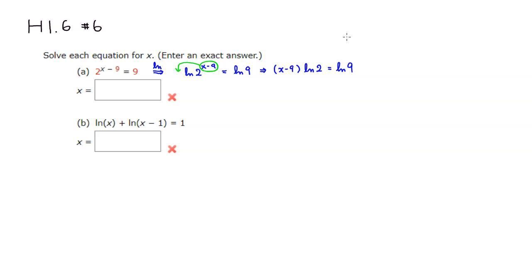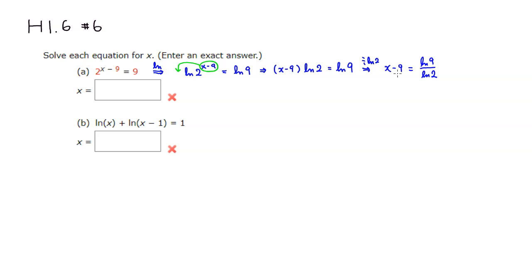After that, we want to isolate x, so we simply divide through by natural log of 2. That way, natural log of 2 cancels out, so you have x minus 9 left over on the left, and natural log of 9 divided by natural log of 2 on the right.